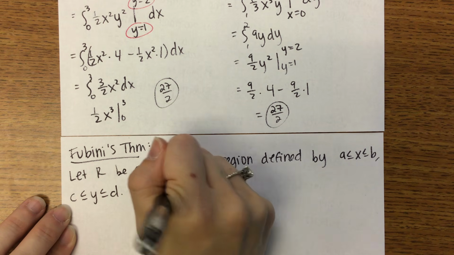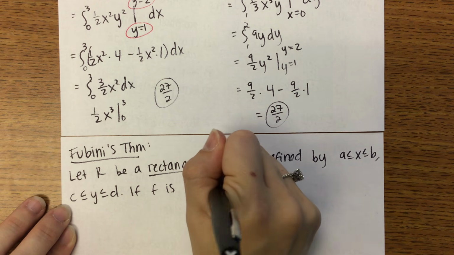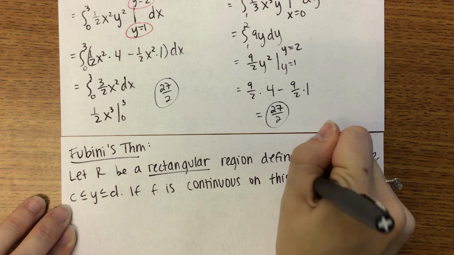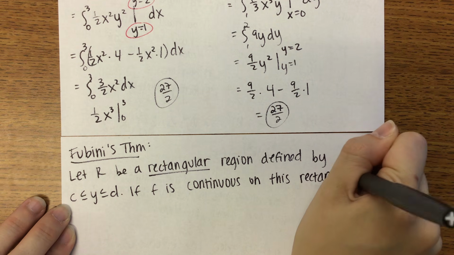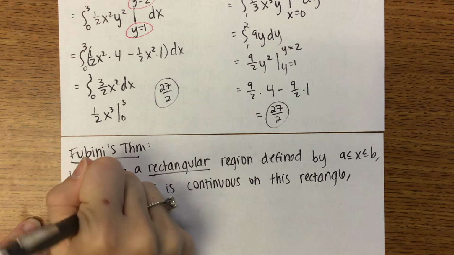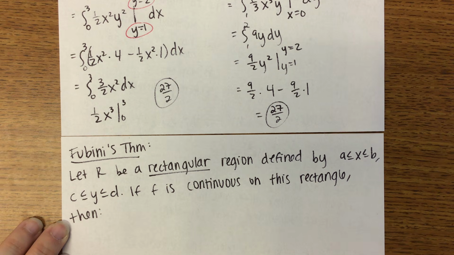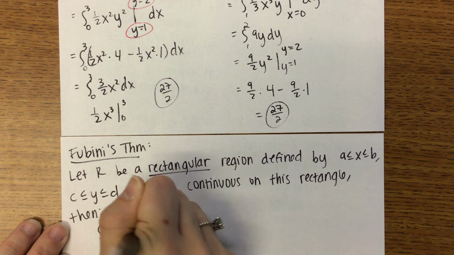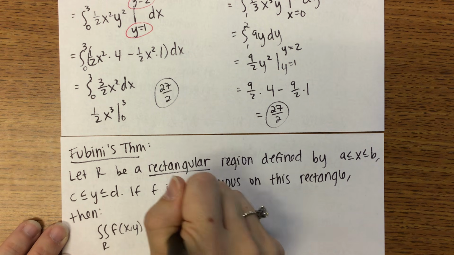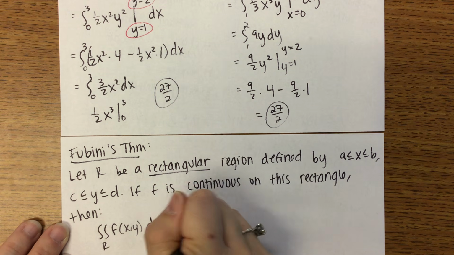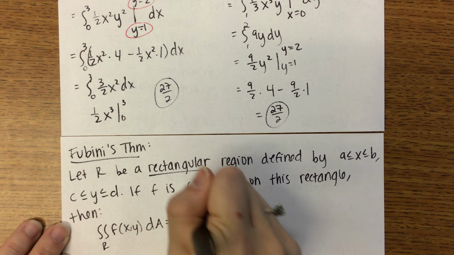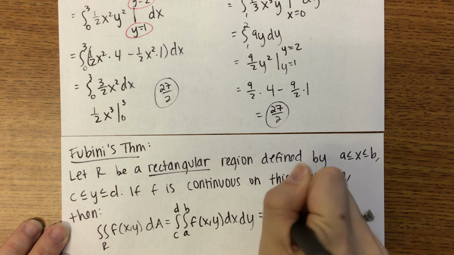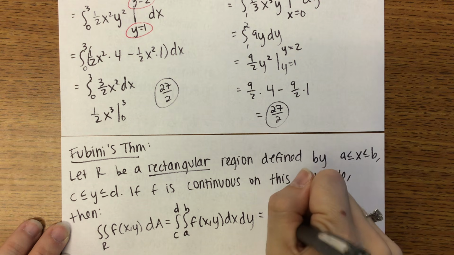If f is continuous on this rectangle, then the double integral over the region R of f of xy dA is going to be equal to the double integral from c to d, a to b, of f of xy dx dy, which is the same as when you flip x and y.